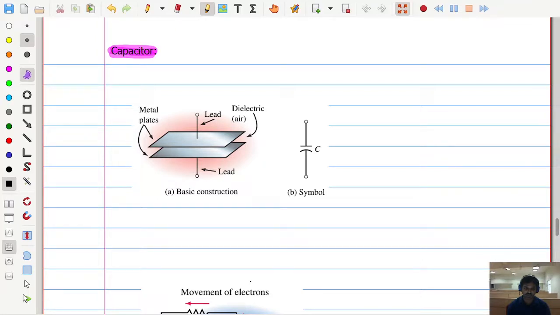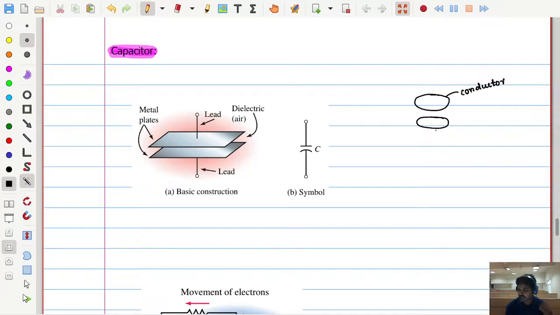If you have in your pocket 2 coins, let us say 1 rupee coins or 2 rupee coins, whatever shape, let us say this is 1 coin, and beside that, either bottom or top, you place one more coin. You know that this coin is a conductor.